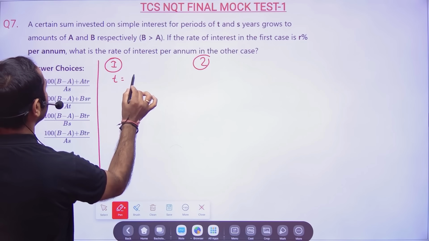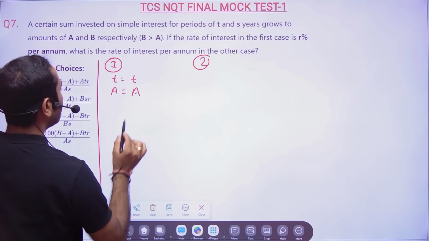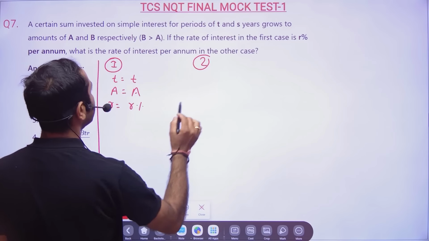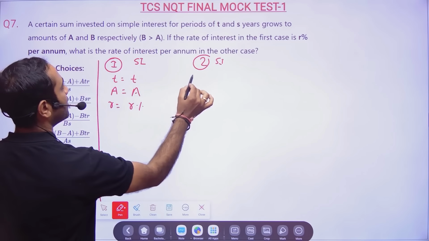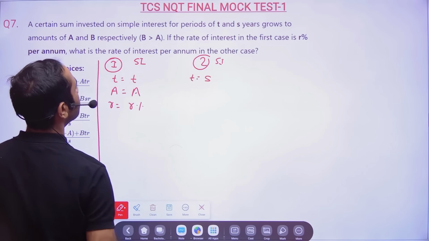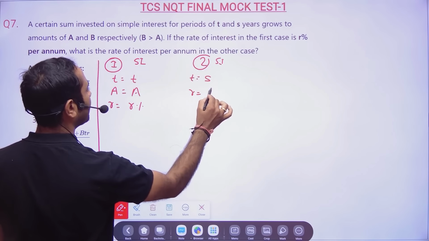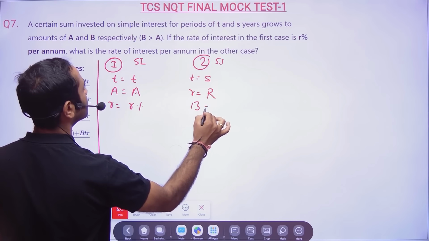Time is T, amount is A, and the rate of interest for the first case is given as R%. Both are on simple interest only. In the second case, time is given as S, rate of interest I will assume as capital R, and amount is given as B.